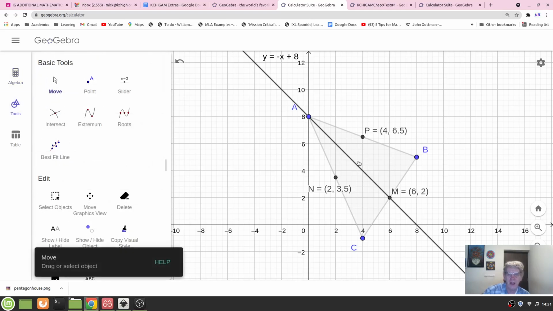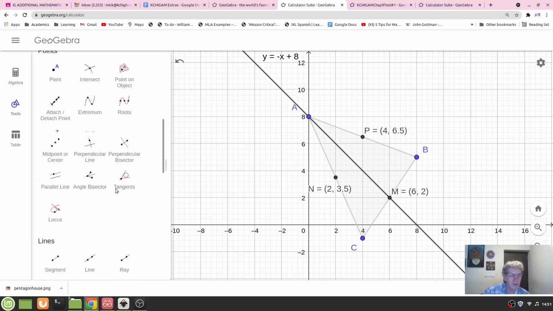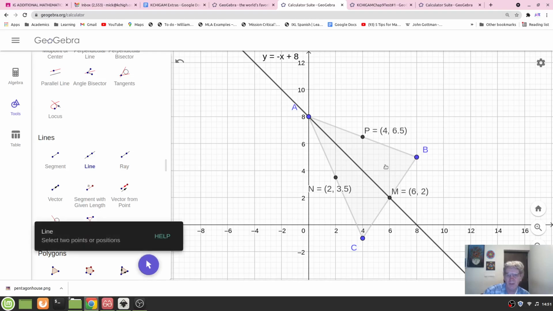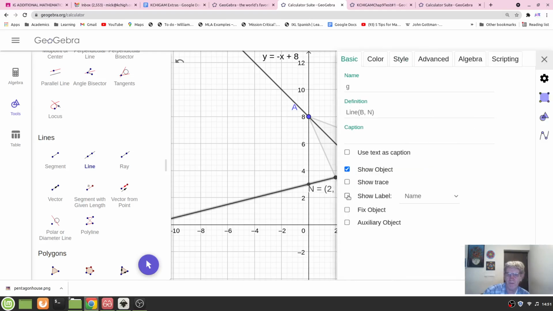Move tool. Now I also want BN. Okay, that's good. That's easy. So I'm going to back down to the line tool. Line BN. There it is. Probably show its value. Okay.